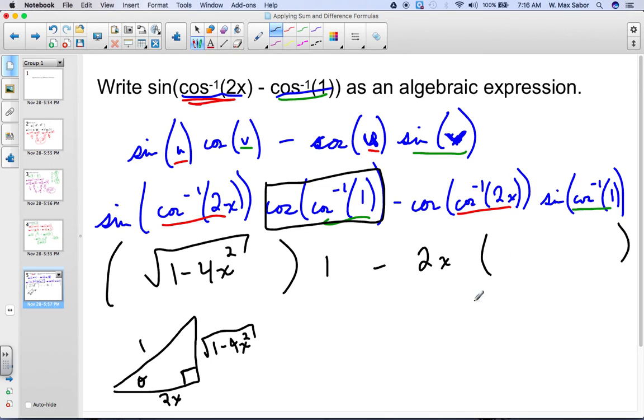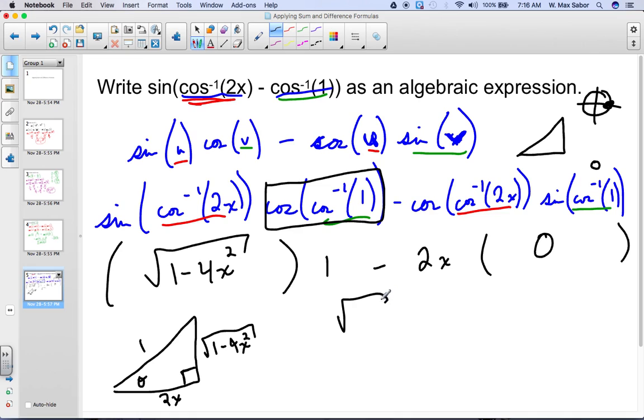Here we have arc cosine of 1. Arc cosine of 1 is actually 0. If we look at our unit circle, cosine is 1 there, and that's where sine is 0. So this whole thing becomes 0. So now we have square root of 1 minus 4x squared times 1.